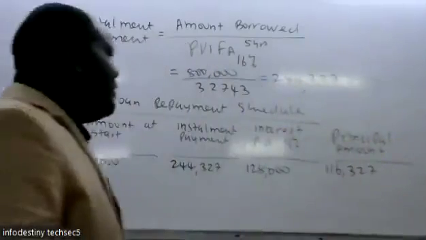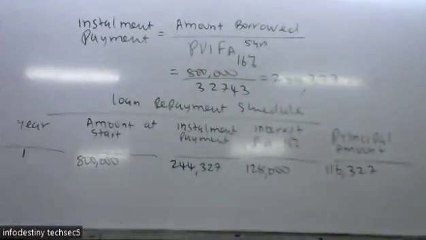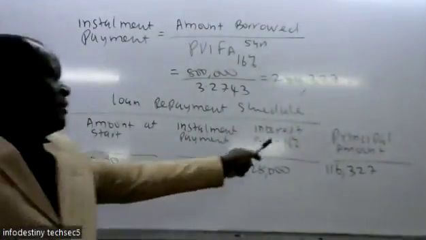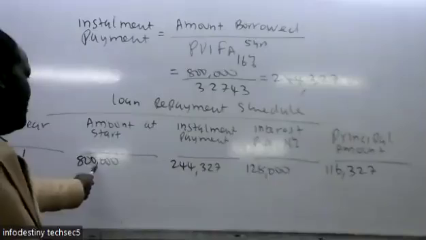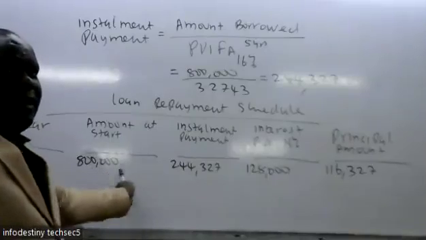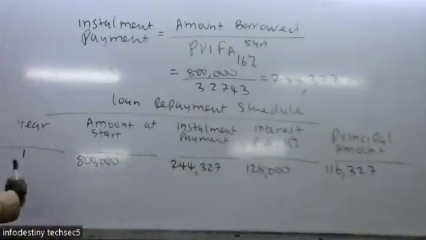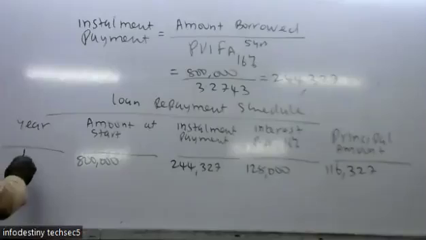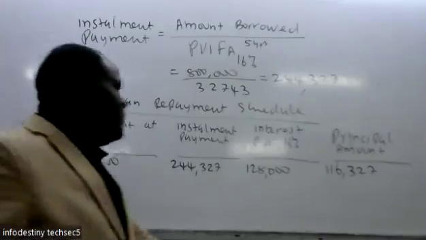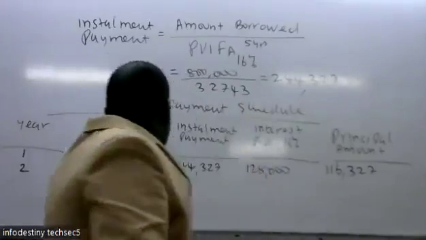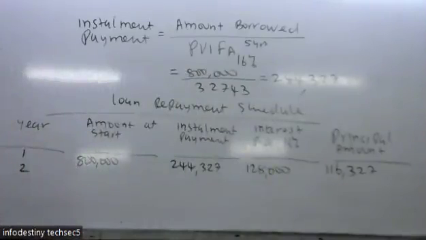Yeah, so that's now the principal amount. So when you subtract that principal from the amount at the start, you get the balance at the end of year one, which is the same as the balance at the start of year two.